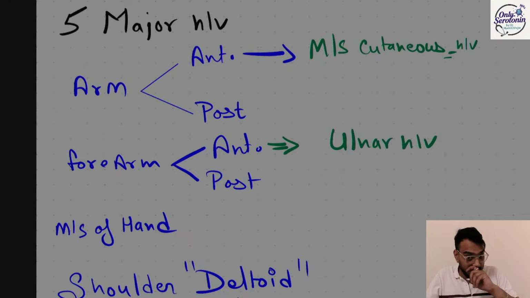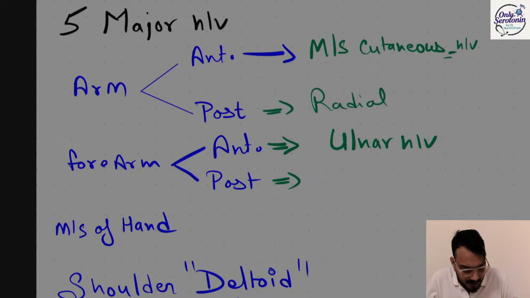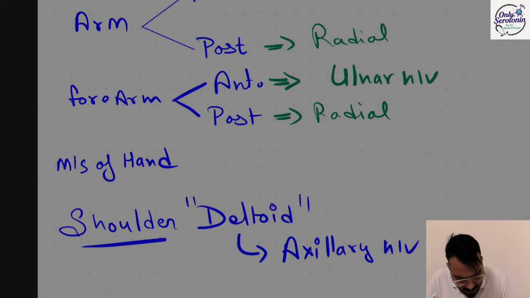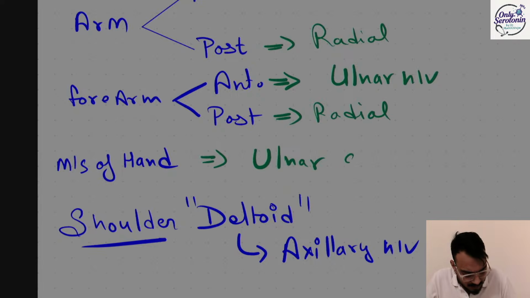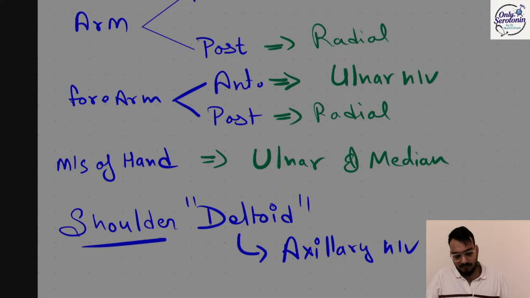What about the posterior compartment, guys? The posterior compartment of the arm and forearm, they both are supplied by the radial nerve. And then we are having the muscles of the hand. These muscles of the hand are supplied by the ulnar as well as the median nerve. Okay.